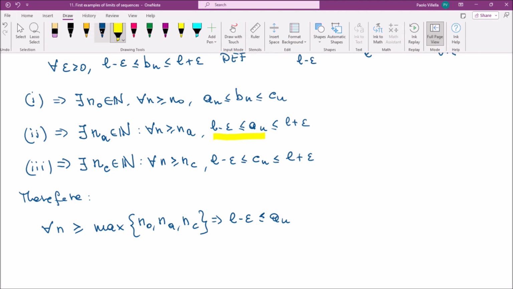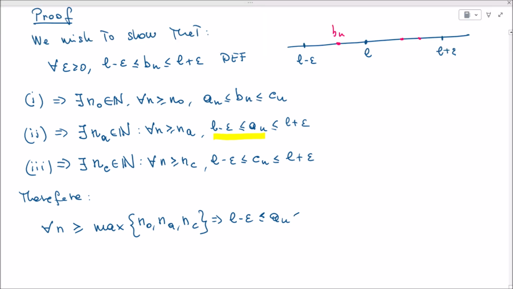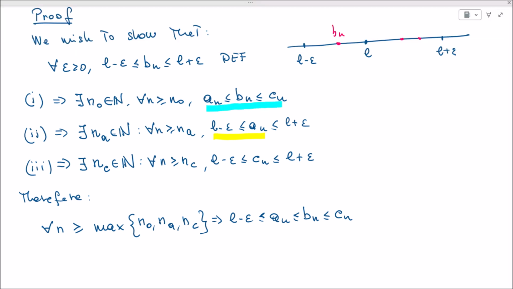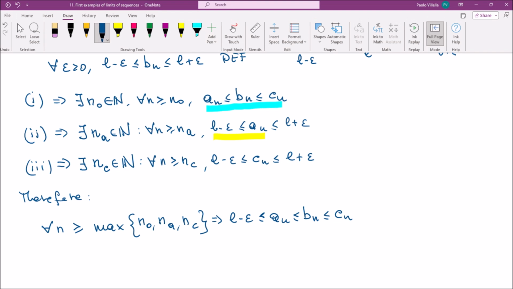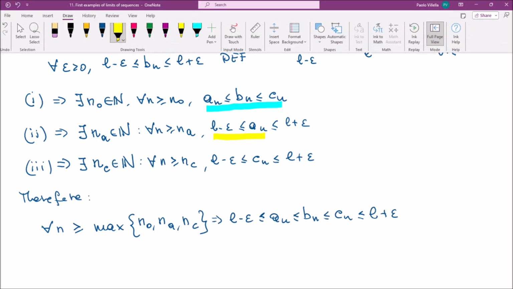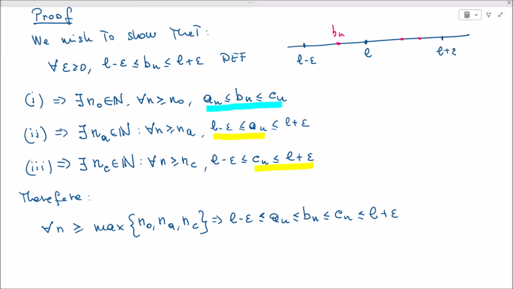Then we can also say that An will be less than or equal to Bn less than or equal to Cn, and we are now using this statement. But also we can say that Cn will be less than or equal to L plus epsilon, and we are now once again using the third statement, but only this part of the statement.